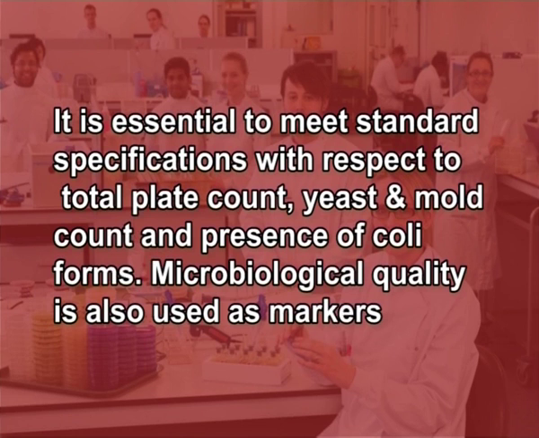The microbiological quality attributes involve analysis mainly to ensure safety aspects of food for human consumption. It is essential to meet standard specifications with respect to total plate count, yeast and mold count and presence of coliforms. Microbiological quality is also used as markers. Conclusion: the importance of each quality attribute differs with the type of product.